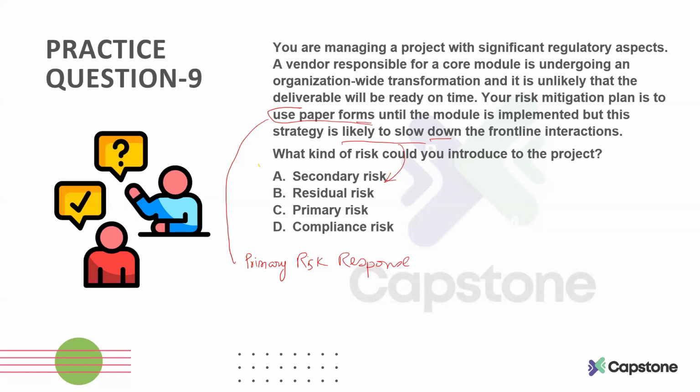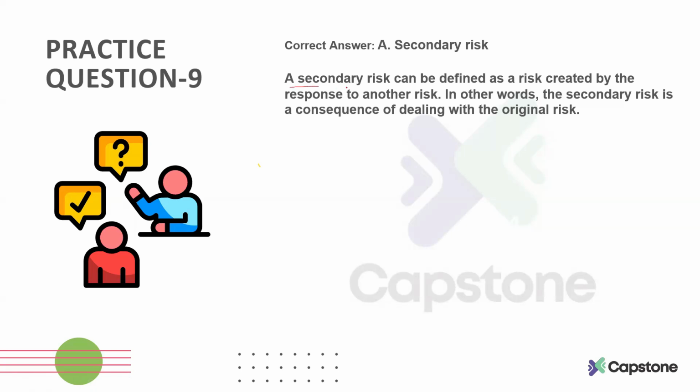Because by implementing your initial or primary risk response, you have another risk that can happen. The risk that happens on the basis of implementing your primary risk response, we call that secondary risk. So the secondary risk is a consequence of dealing with the original risk, and this is what this situation was referring to.